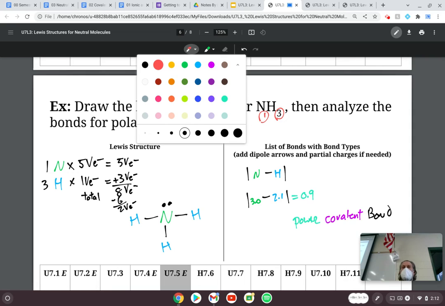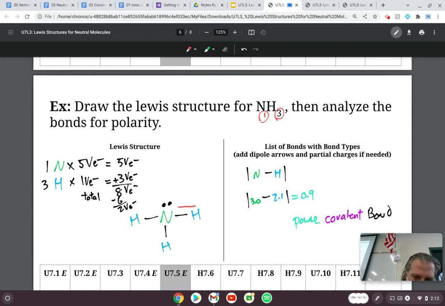So I'm going to draw my arrow toward nitrogen. So that would look something like this. And I have to draw 3 arrows because there's 3 bonds with nitrogen and hydrogen. Okay.